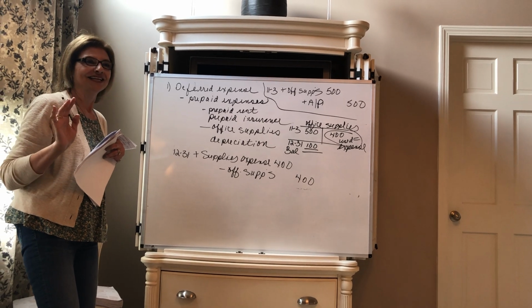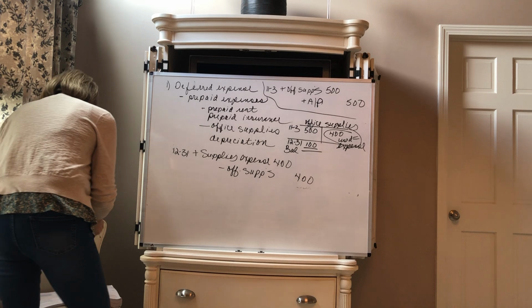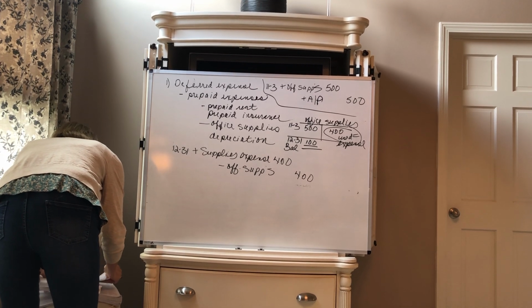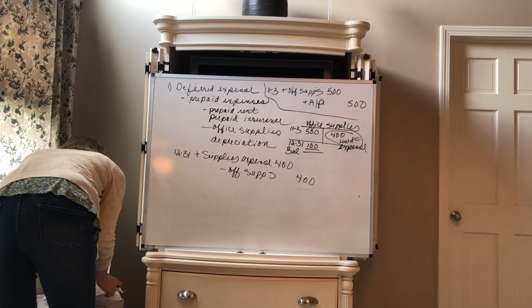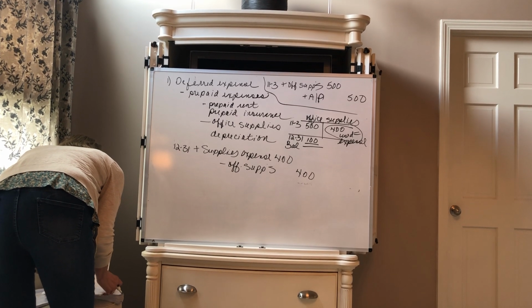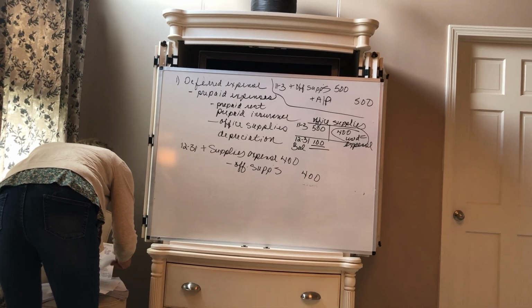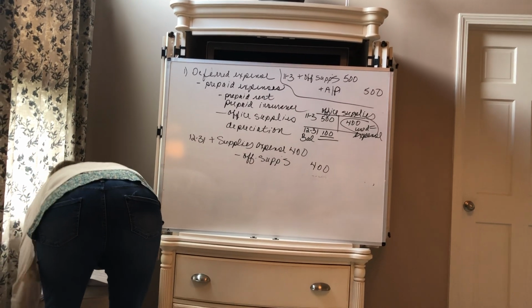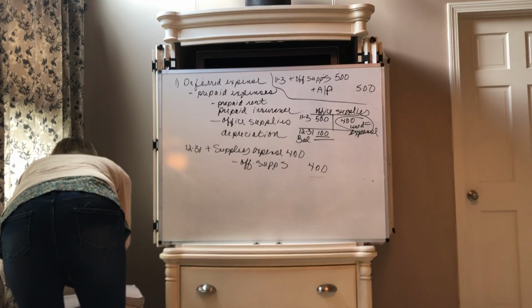Not that many. Okay? So the last example I'm going to show you is for depreciation, at least for our expenses. Depreciation starts on slide 3-25 to 3-31.